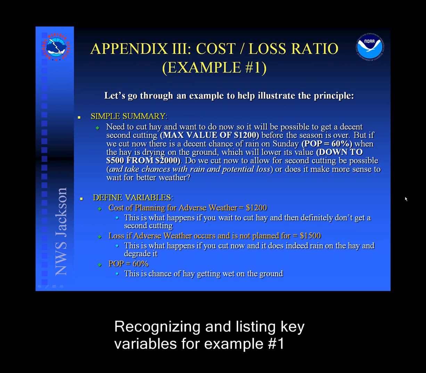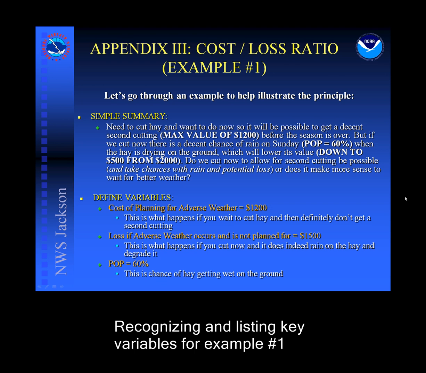So let's go over an example. Let's say we need to cut hay and want to do so now, so it would be possible to get a decent second cutting of a max value of $1,200 before the season is over.